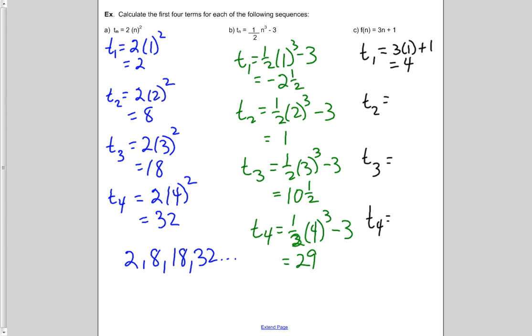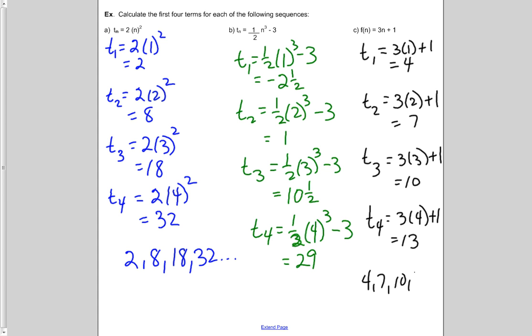Term 2, 3 times 2 plus 1, which is 7. 3 times 3 plus 1, 10. And 3 times 4 plus 1 is 13. We would write that as a sequence 4, 7, 10, 13. And we can see that we're increasing by 3 for each subsequent term, or our slope is 3 in our old functions.